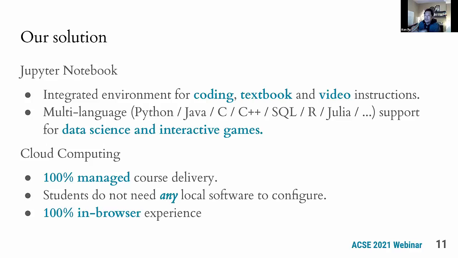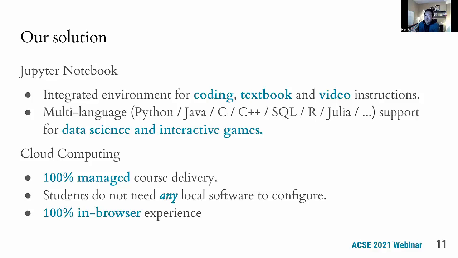Jupyter Notebook is an integrated environment for coding, for incorporating textbook material, as well as video instructions. So it's a one-stop place, a go-to place for students to get most of the material they need to get things going.